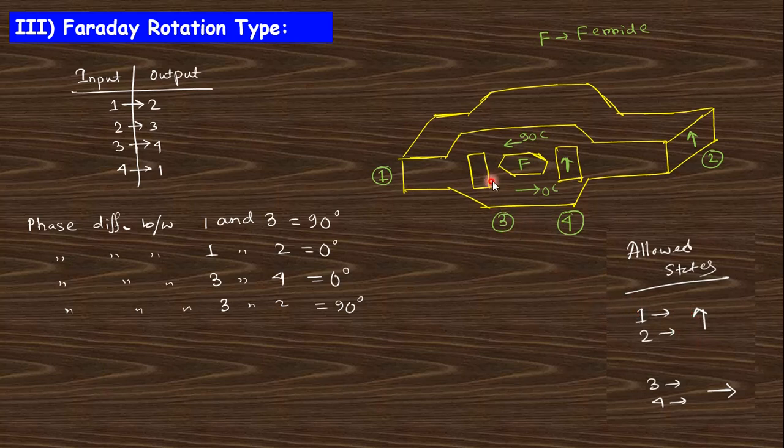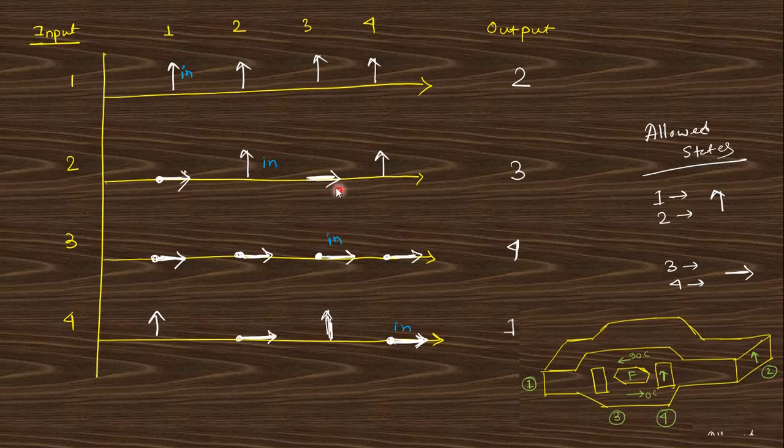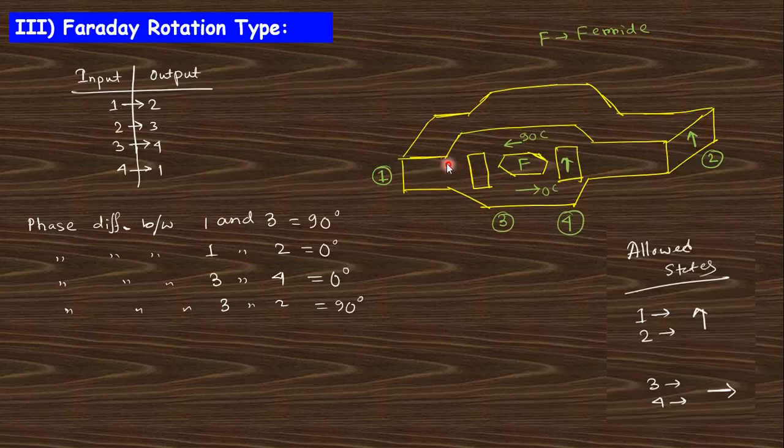And in case of port 3 and 4, when the electric field is horizontal, then this will get the output. Clear? So when the input is in this direction, what happens in port 2? There is no phase change from left to right.